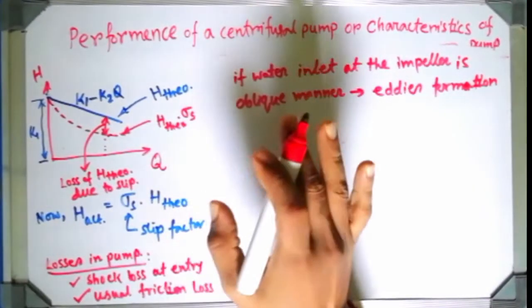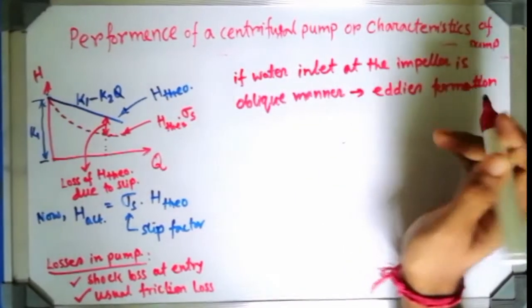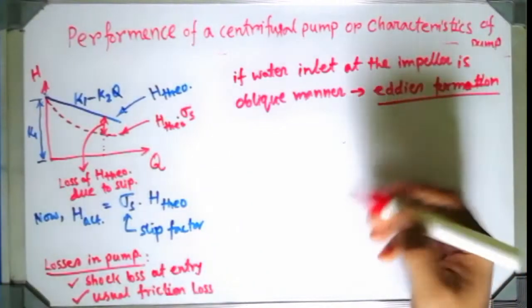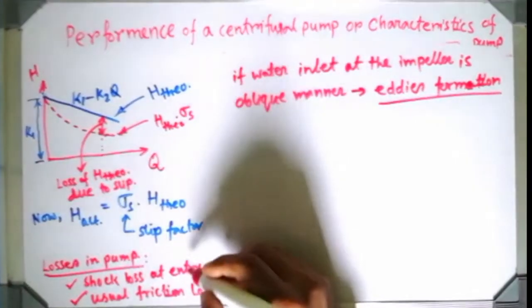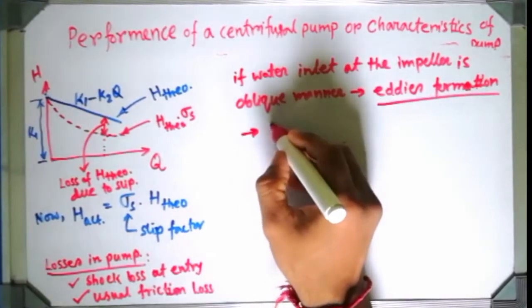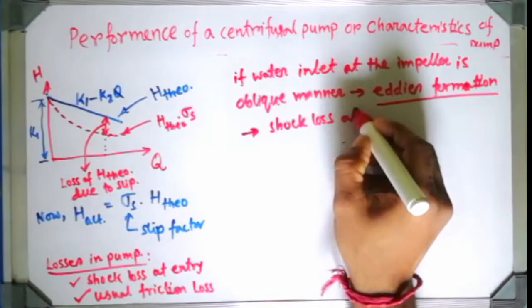Mind it, radial inlet is the best efficiency producer. If it doesn't occur, then this kind of loss can be there, and that loss is known as shock loss at entry.